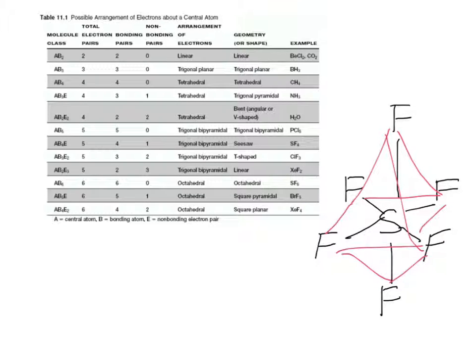but basically it's a square that's coming in and out of the plane of the paper, and above the square is going to be a fluorine, and then below the square is going to be a fluorine. And if you drew it on its side, it would look the same way as it does now, except these would be in the square. These electrons here, this one and this one, would be in the plane, and these would be above and below the plane.